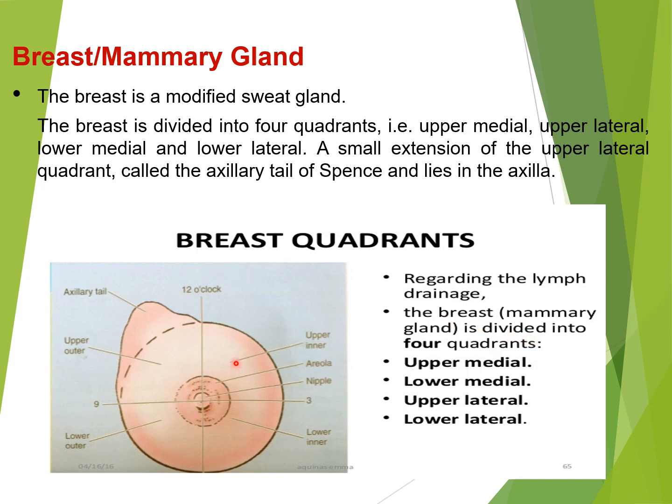What are they? Upper medial, lower medial, upper lateral or lower lateral. You can say upper outer, lower outer, upper inner or lower inner quadrant of the breast. So a small extension from the upper lateral or upper outer quadrant is known as the axillary tail of Spence and lies in the axilla.